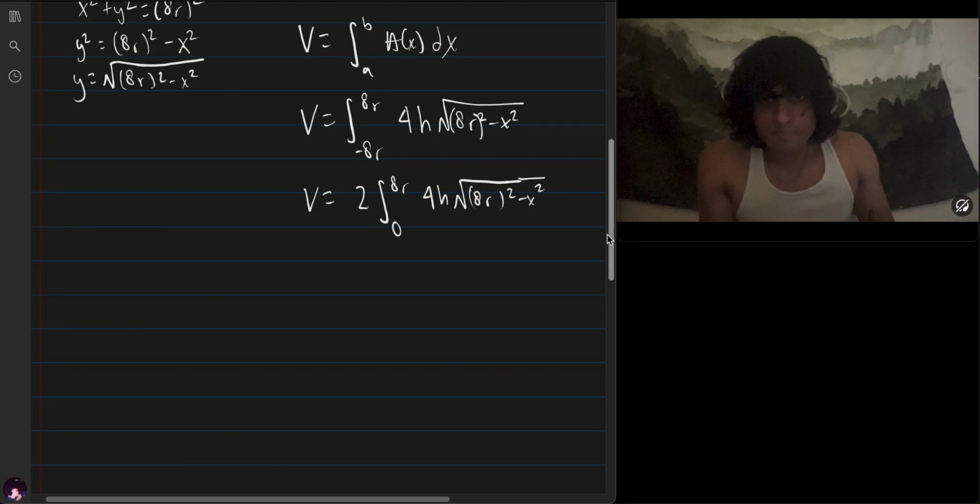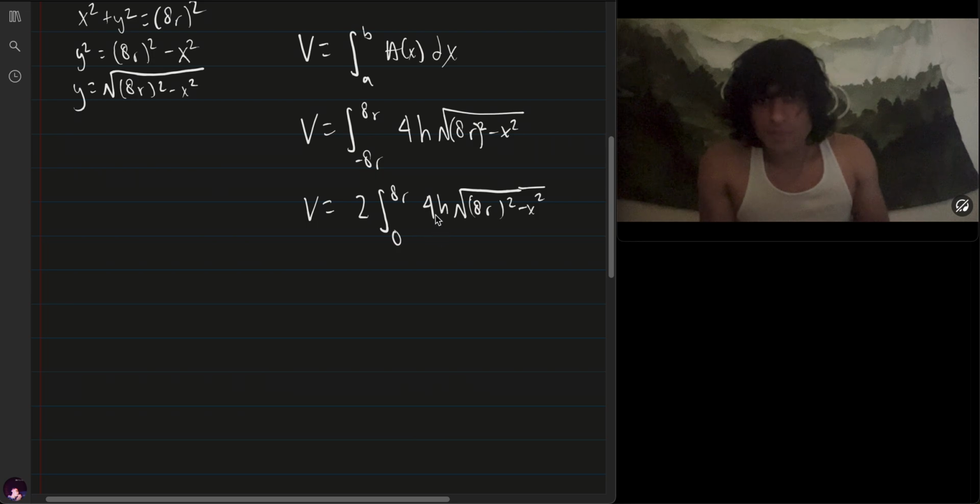Which then we can just bring this out. V equals 8h times the integral from 0 to 8r of the square root of 8r squared minus x squared.